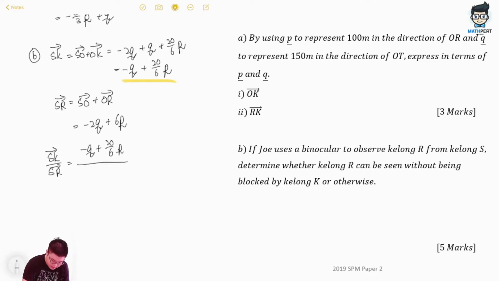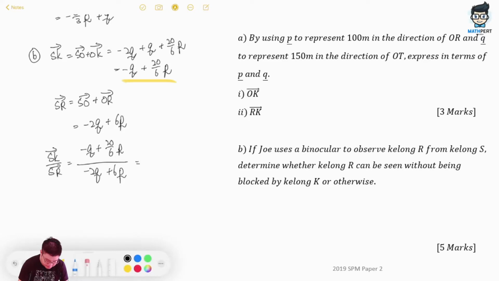SR will be minus 2Q plus 6P. Right? Is there any possible way for them to have a scalar? Okay, I have negative Q, I have negative 2Q. But here I have 20 over 6P and I have 6P over here. No, we can't. We can't eliminate P and Q.